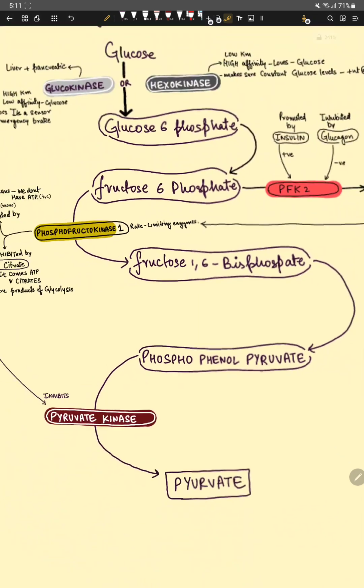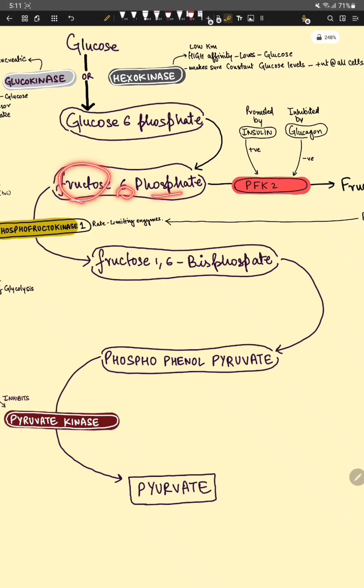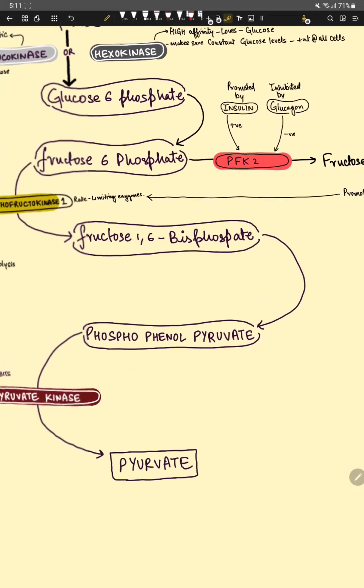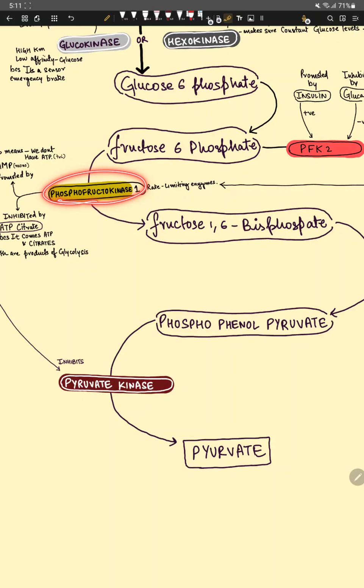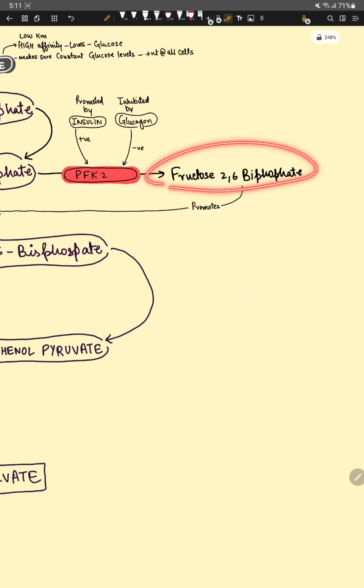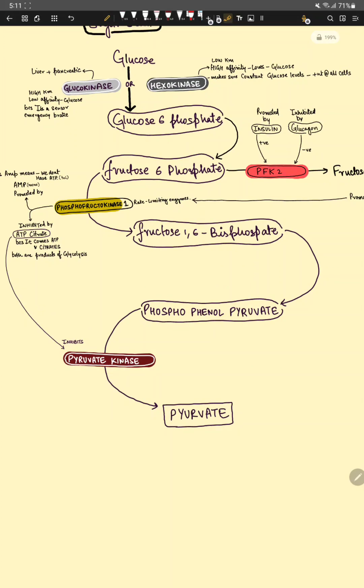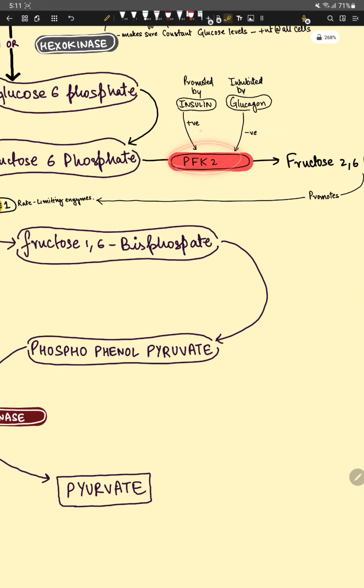Another thing is that fructose 6 phosphate can be converted into fructose 2,6 bisphosphate using PFK2. The work of fructose 2,6 bisphosphate is to promote PFK1. PFK1 is also positively promoted by insulin, which is an anabolic hormone, a big protein molecule of about 51 amino acids.